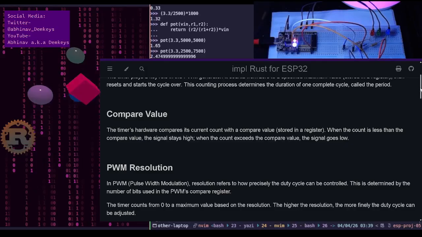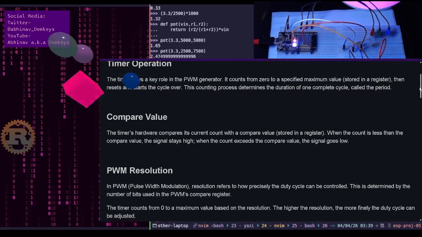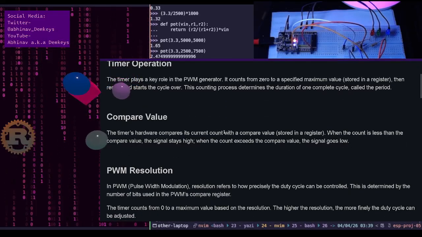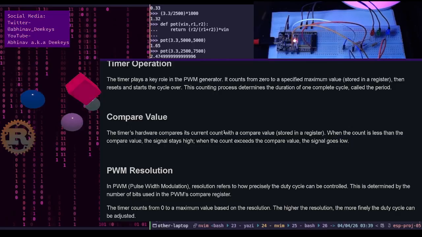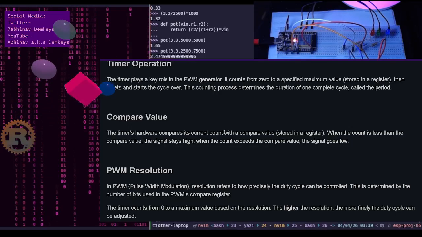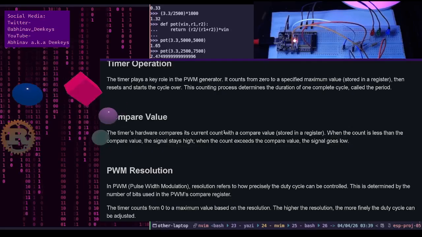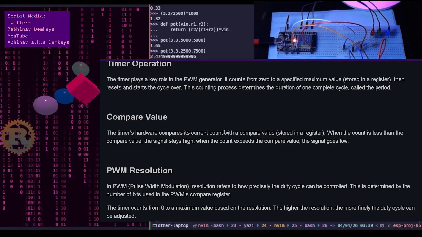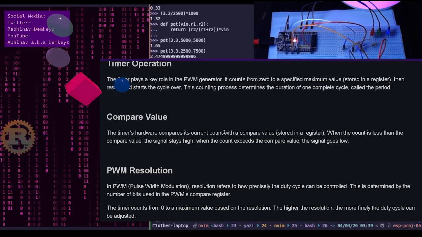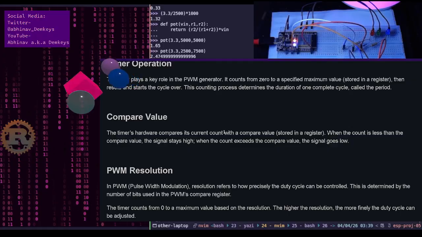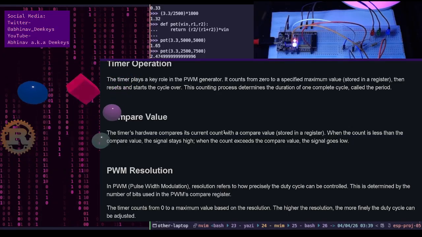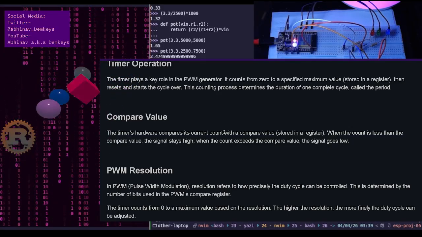Sorry, zoned out. All right, compare value. The timer's hardware compares its current count with a compare value stored in a register. I'm guessing the compare value is determined by the duty cycle. In the example I was just using, our compare value would probably be 63, 64.